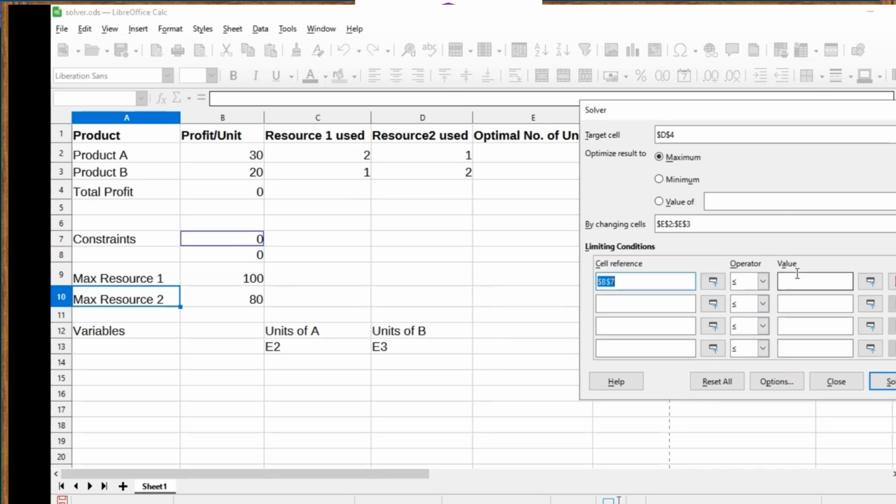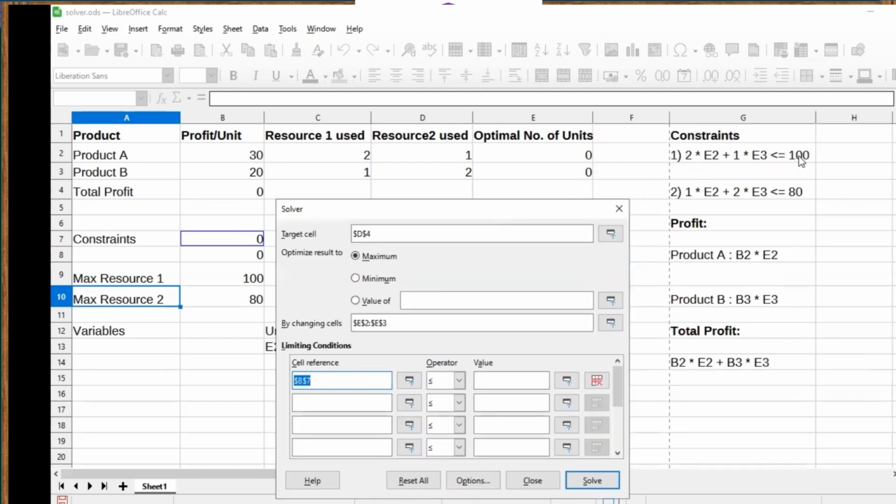Add constraints. Click Add, then set B7 less than or equal to 100. Click Add, then set B8 less than or equal to 80. Recall we have defined the constraints in the cells B7 and B8.